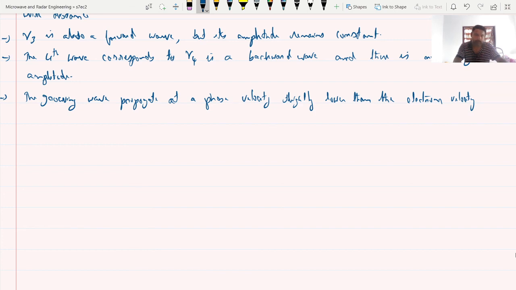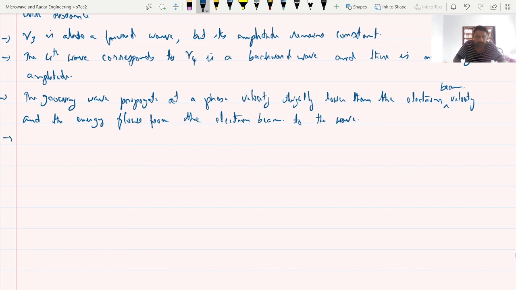This is the same thing we discussed initially when I explained the traveling wave tube. And the energy flows from the electron beam to the wave.